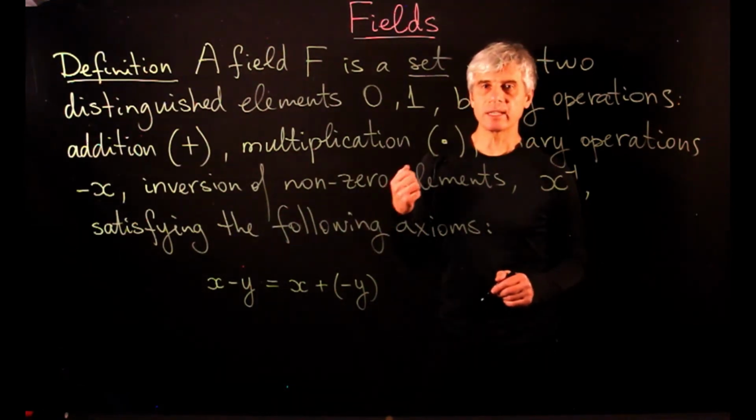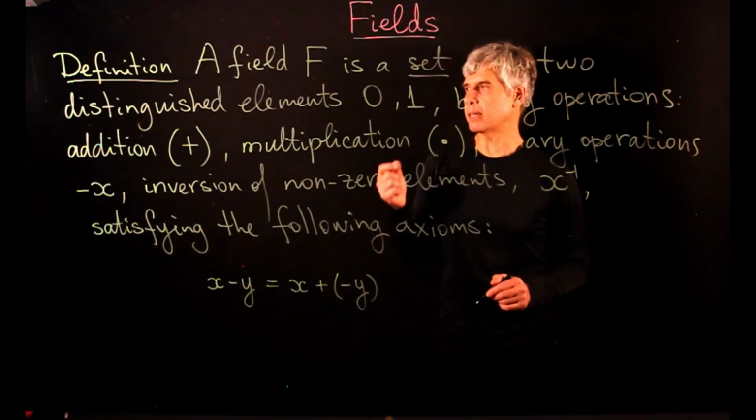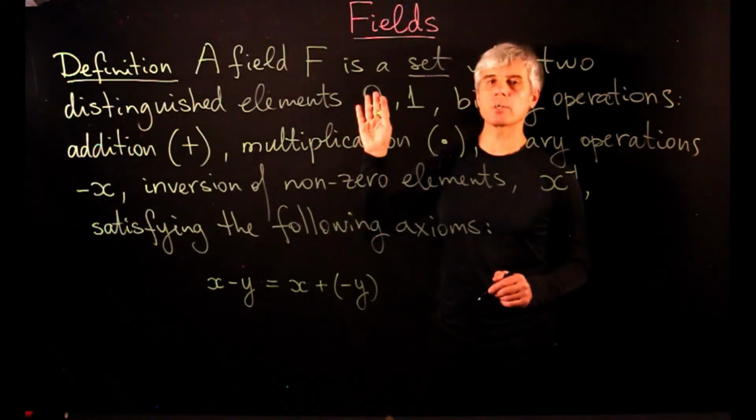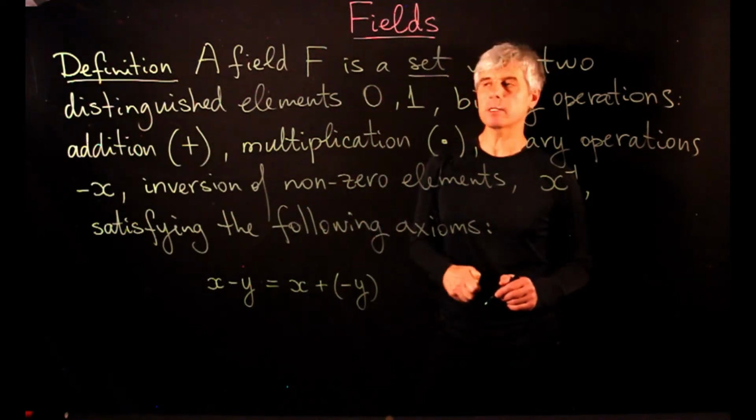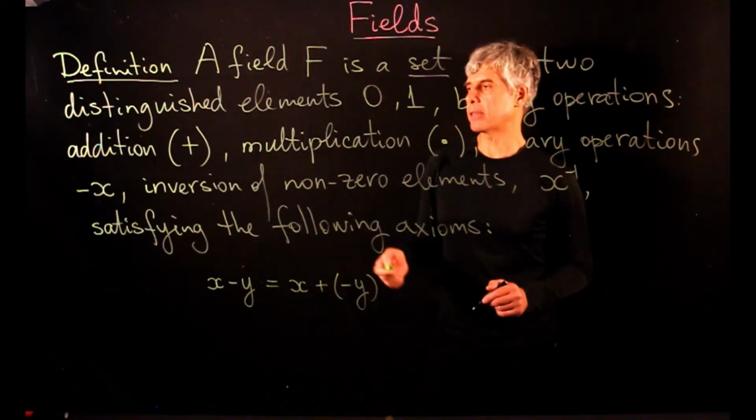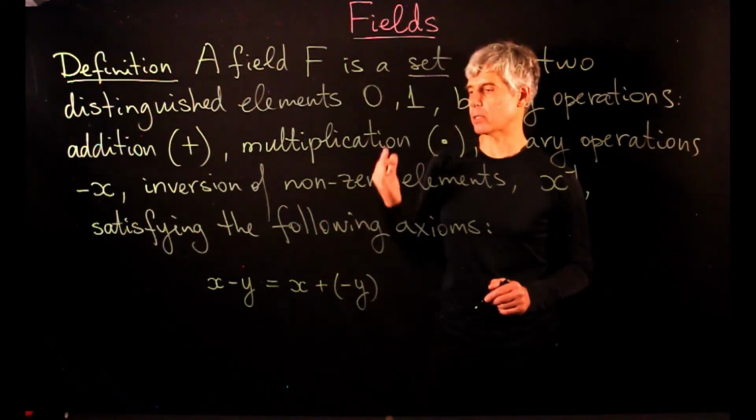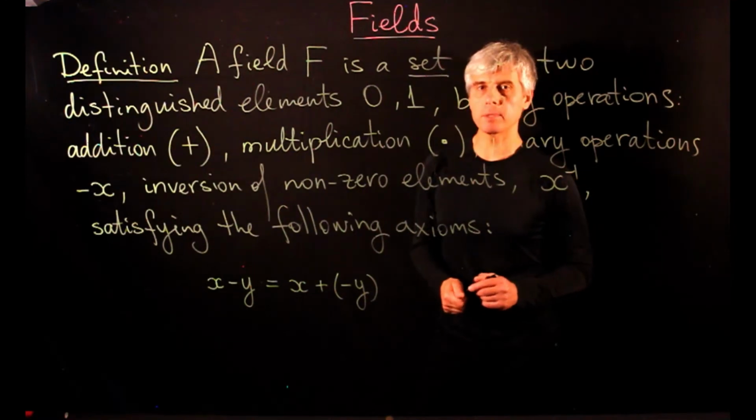All right, so now let us list the axioms of a field. These axioms will be quite familiar to you because these are elementary properties of the four basic arithmetic operations.